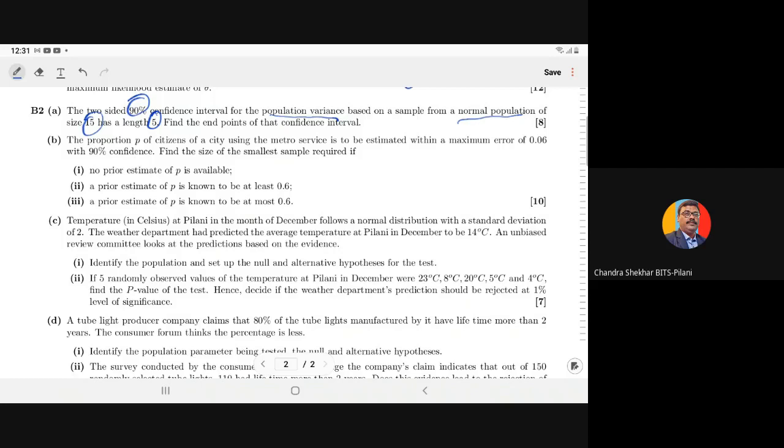Find the size of the smallest sample required in three parts. First part, no prior estimate of p is available. So no estimation is available. Second, a prior estimate of p is known to be at least 0.6, and third, a prior estimate of p is known to be at most 0.6.